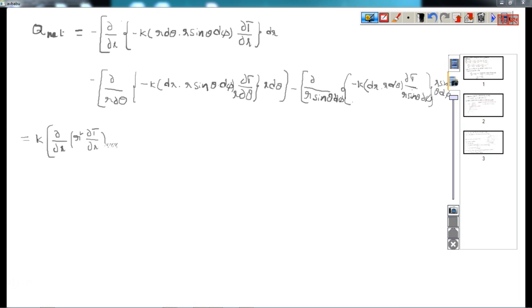Okay, and the rest of the things like d theta, r sin theta d theta: r is r, I have taken it out. Therefore d theta, sin theta, d phi I will take out, and dr is also there.